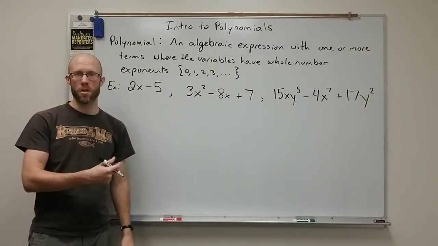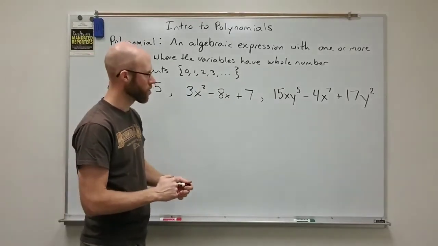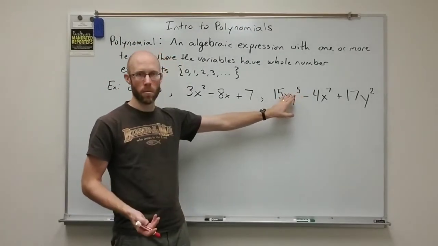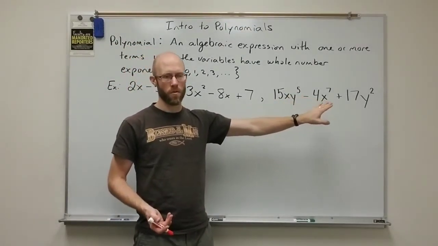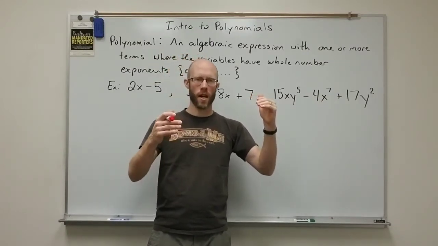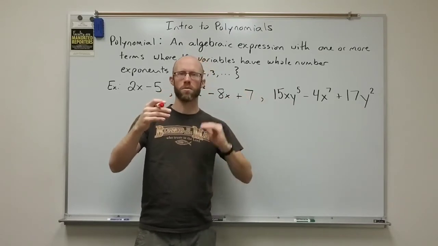The exceptions, the things that are not polynomials, are things where the exponent is not a whole number. If you had negative exponents, that would end up creating a variable in a denominator when you move it around.